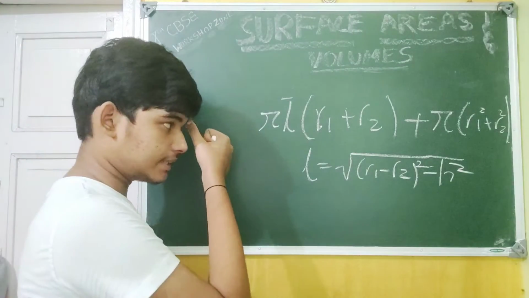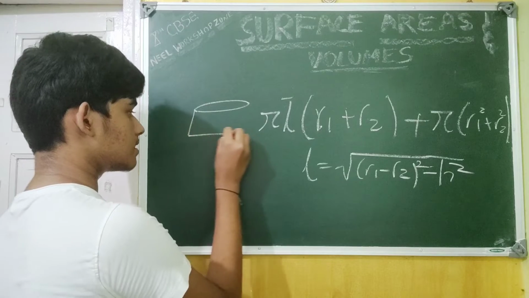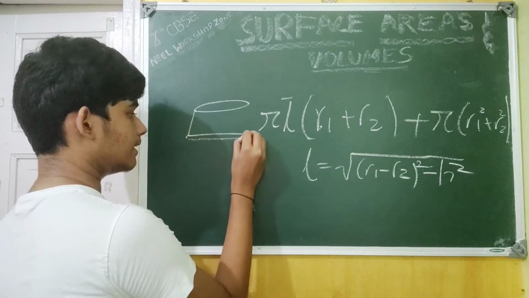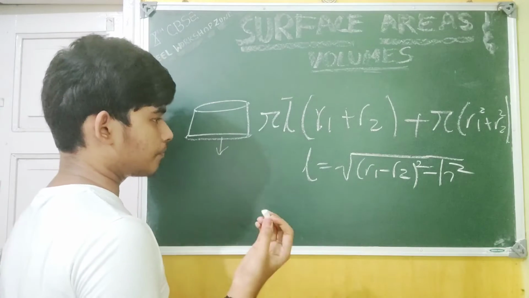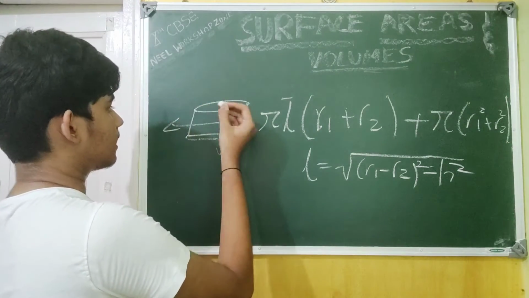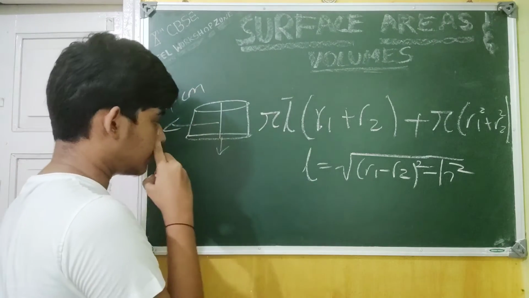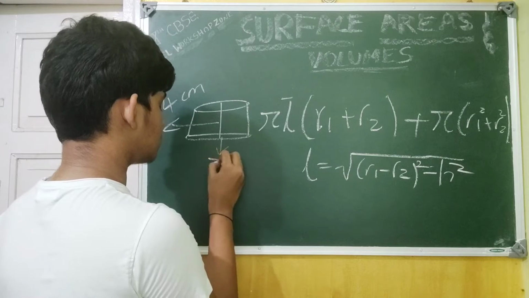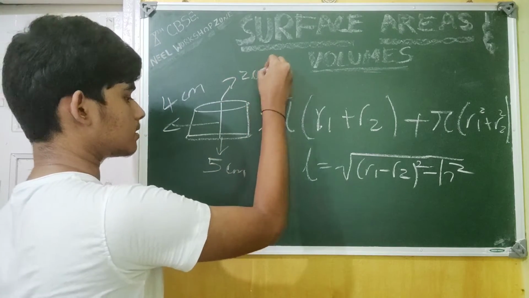So for example, let us take a question. Let's say this is a frustum. Let's take the height as 4 centimeters, and let's take R1 as 5 centimeters and R2 as 2 centimeters.